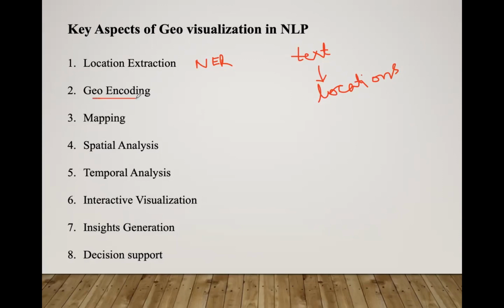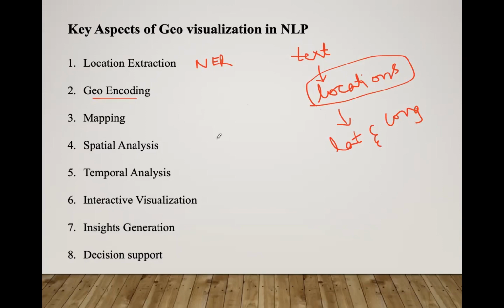Coming to the second one, geoencoding, after extracting the locations. So here extraction was done. After this, they must be converted into geographic coordinates, right? These locations should be converted into geographic coordinates, that is latitude and longitude, before being visualized on maps.